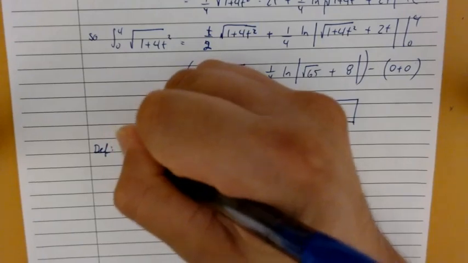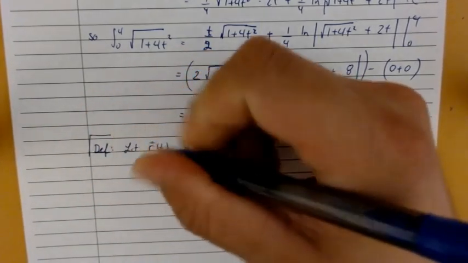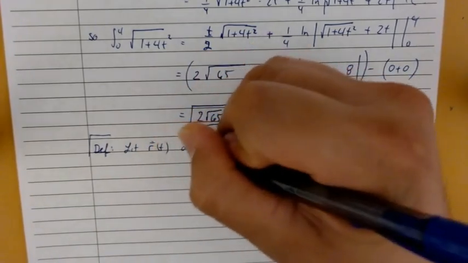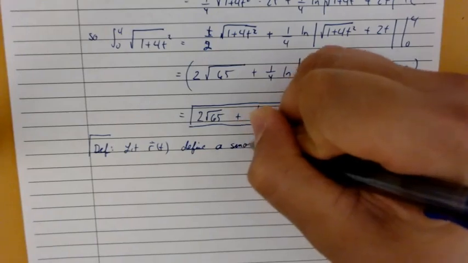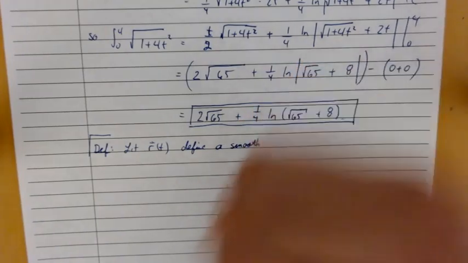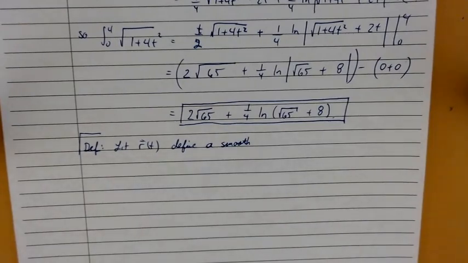So let r of t define a smooth, remember, smooth means that the components have derivatives that are continuous.